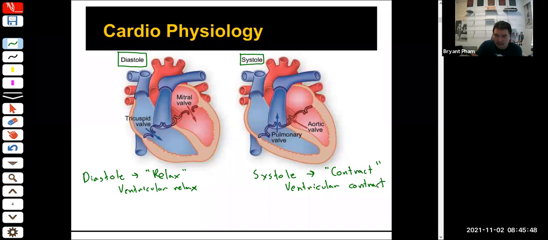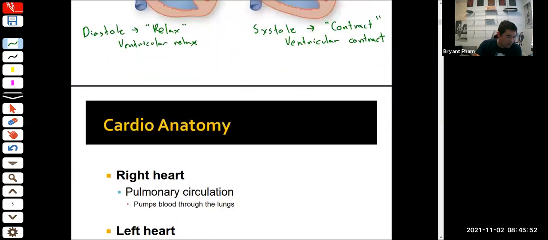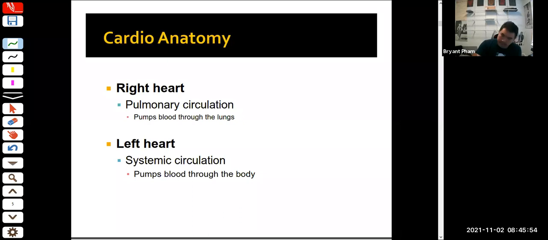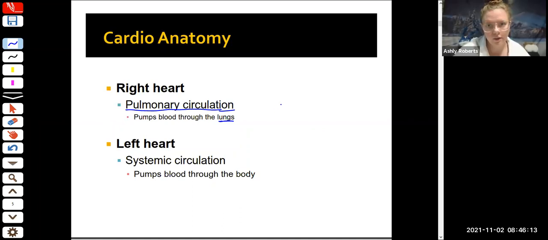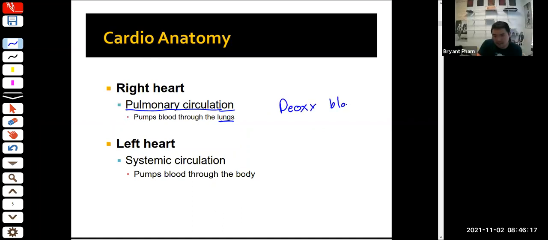So this is going to be a little bit of foreshadowing here. All right, so the right side of the heart handles pulmonary circulation, blood to the lungs. Therefore, what kind of blood do we find on the right side of the heart? Deoxygenated. Perfect. I'm going to say deoxy blood.